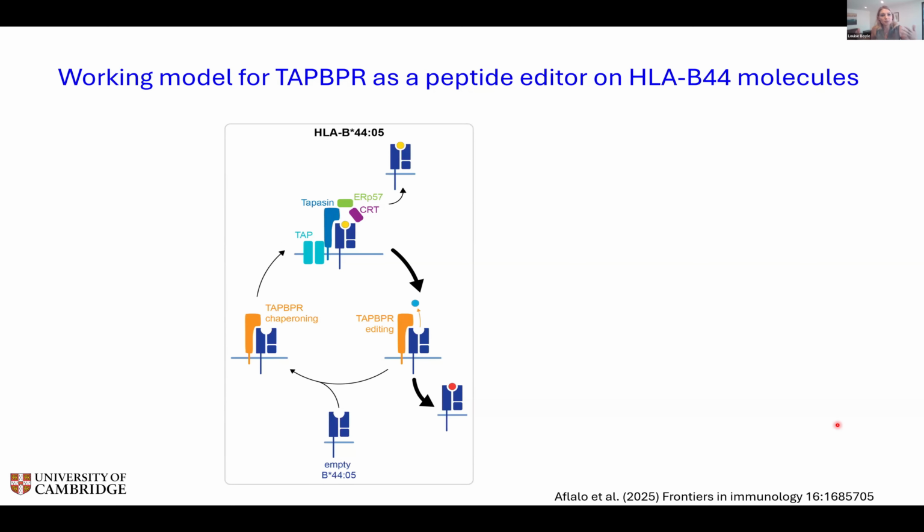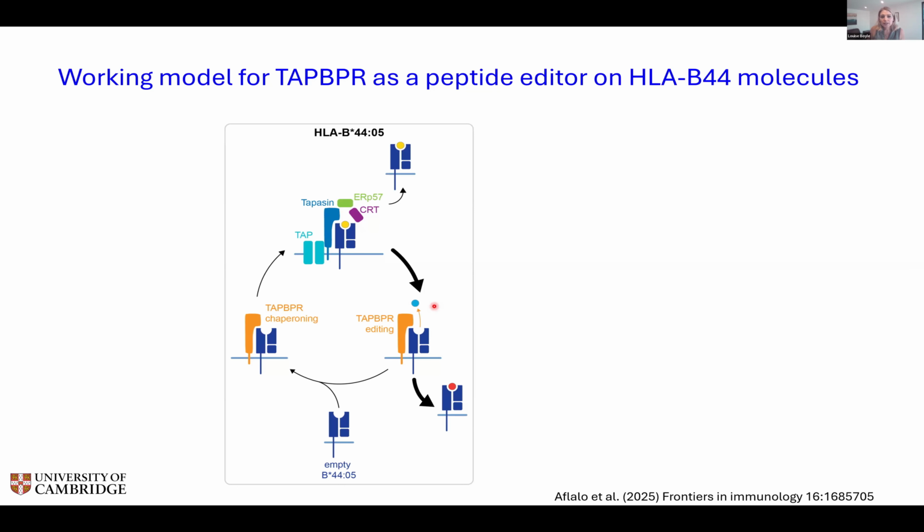So how does this data on these B44 molecules fit together with the known literature? Well, B4405 is known for its ability to bind peptides in a tapasin-independent manner. And this will result in a population of B4405 molecules which could be loaded with suboptimal peptides.